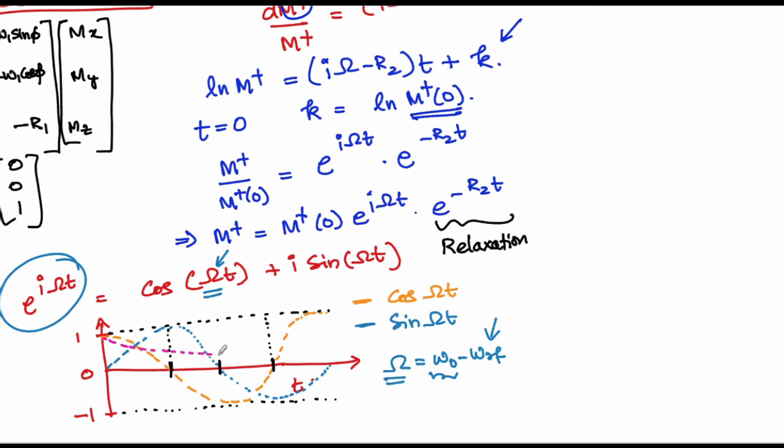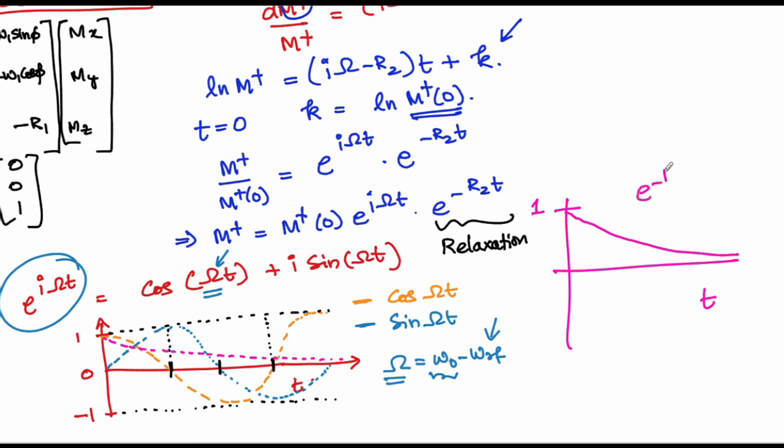E power minus R2t will be an exponential decay. So to redraw it, when you have t, let's say you started with a maximum, in this case normalized to 1, you're going to have a function that decays over time. Of course, e power minus R2t tends to 0 when t tends to infinity.